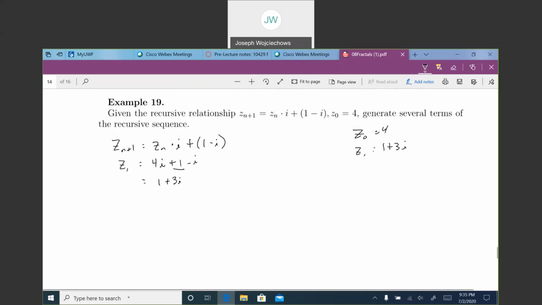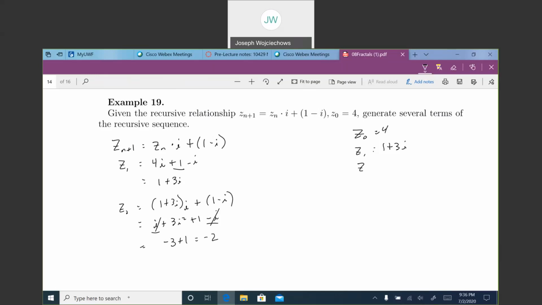So now z sub 2 would equal z sub 1, which is 1 plus 3i, times i plus 1 minus i. So this becomes 1 times i, or i, plus 3i squared plus 1 minus i. Well, this and this cancel each other out. This becomes negative 3 plus 1, or negative 2.